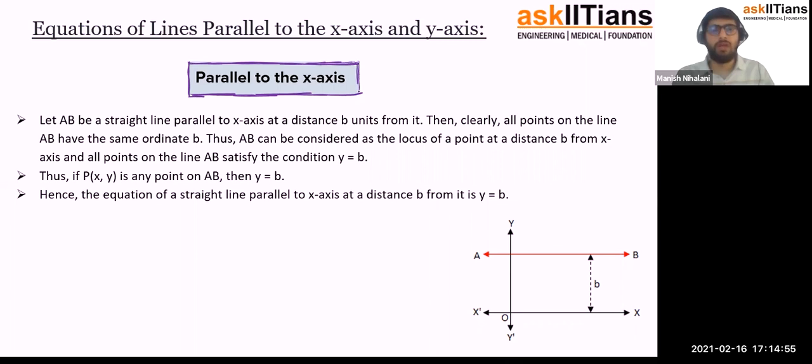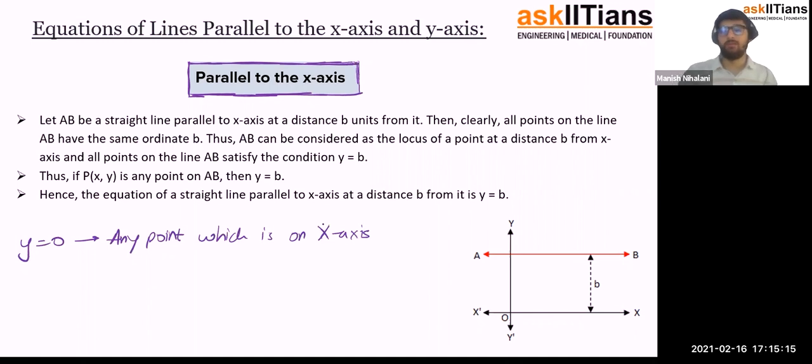Any point which lies on the x-axis has its y coordinate as 0, right? Any point which is on the x-axis has its y coordinate as 0.